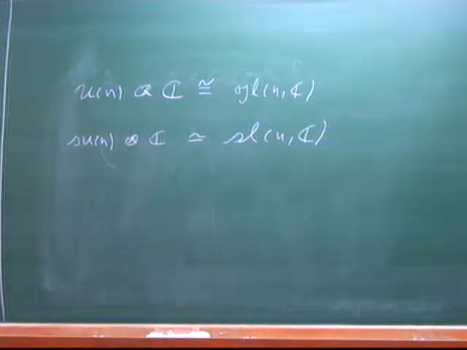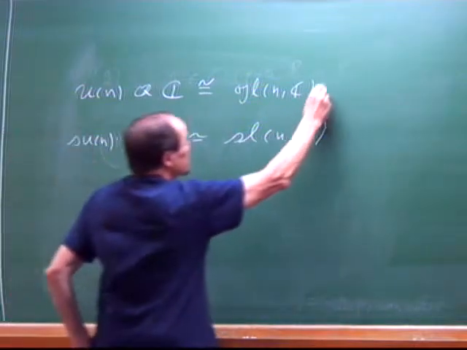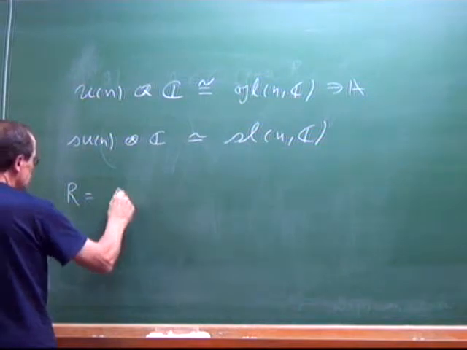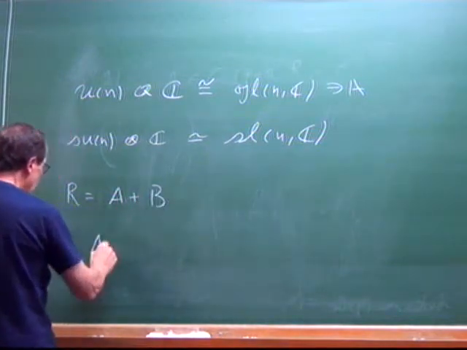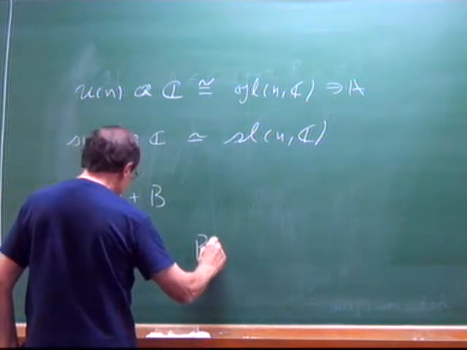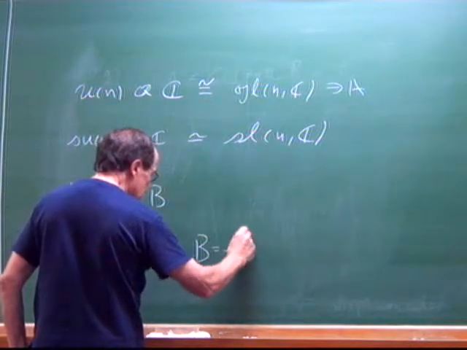And so this is a consequence of a nice general fact. Every matrix can be written as a sum of something that's Hermitian and something that's skew Hermitian. If I take a matrix R, then R is equal to A plus B, where A is equal to A bar transpose, and B is equal to minus B bar transpose.